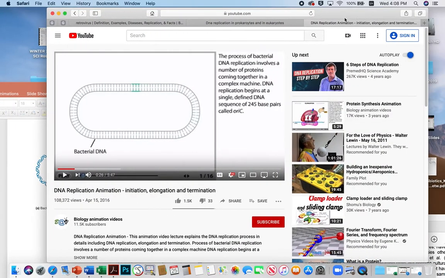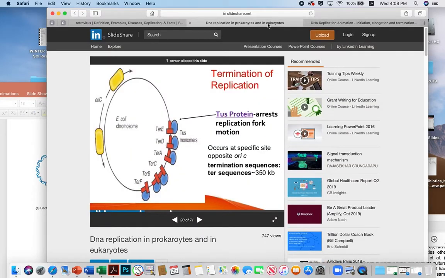So this particular slide from this other lecture tends to be a little bit informative, and so I threw it out there just so you could see it a little bit better. But here's the oriC. Here are the replication enzymes, the replisomes, if you will, heading bidirectionally, and then they bang into these termination sequences, which are bound by Tus monomers.